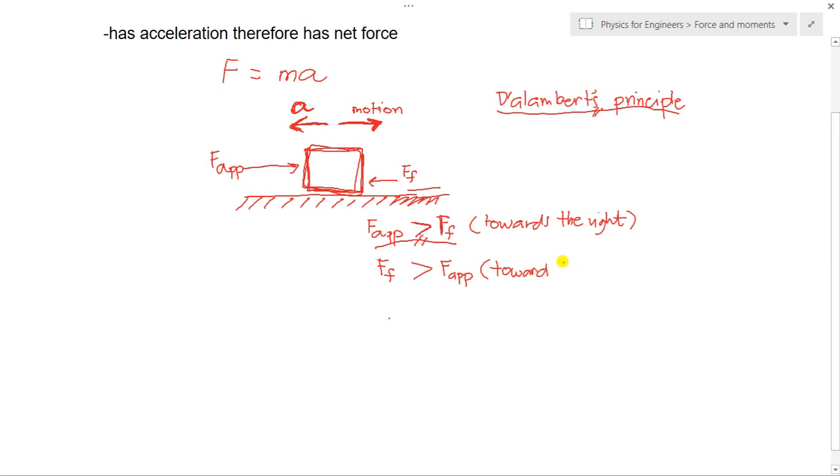Asa naman? Class, asa naman siya? Towards the right gihapon? Dako naman karon ang frictional force.